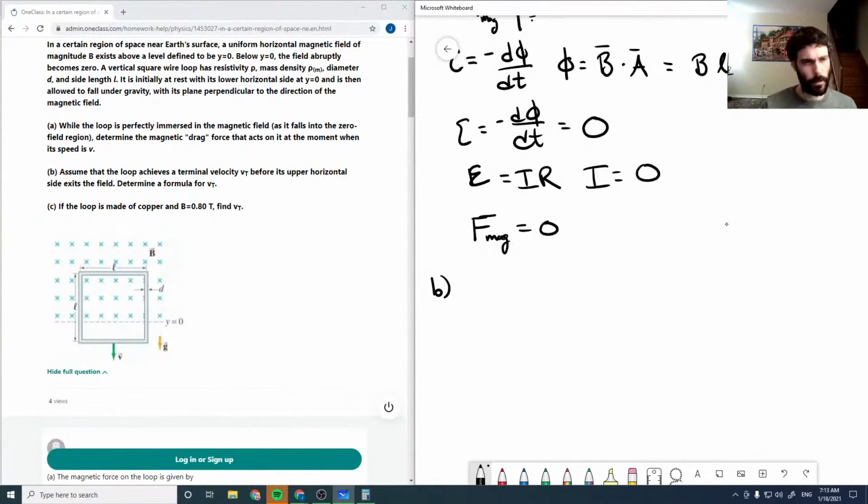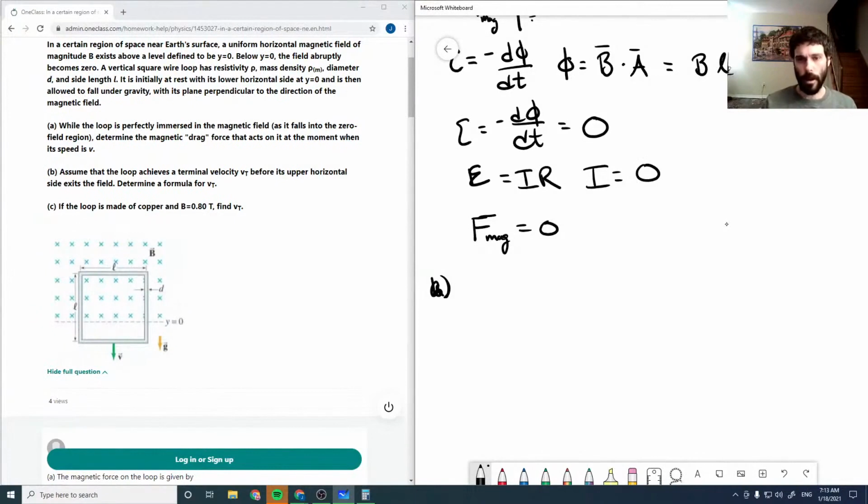Now that we have that, while the loop is perfectly immersed as it falls into the zero field region, determine the drag force when its speed is v. So I'm just going to do the drag force as it comes out of the zero field region.